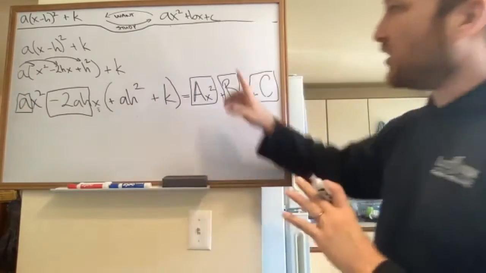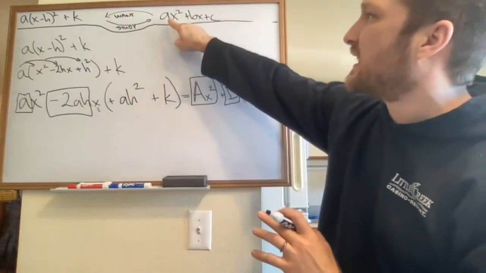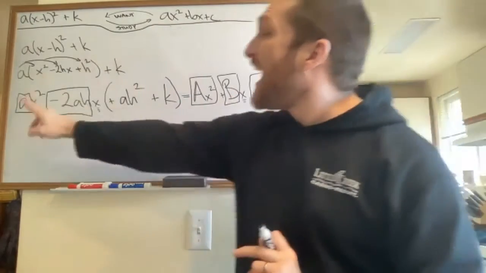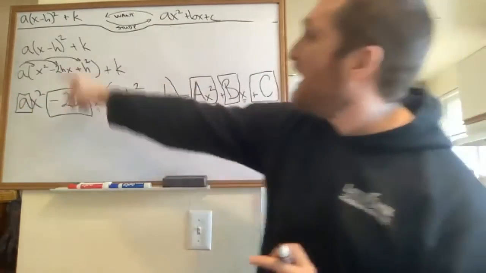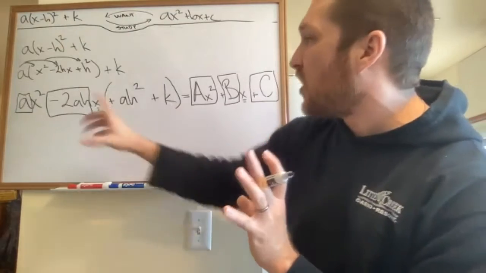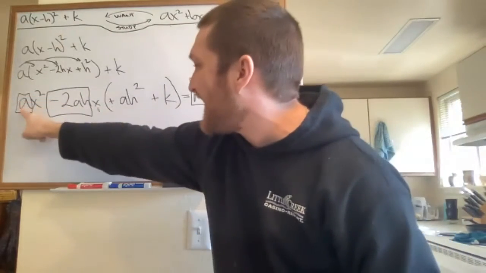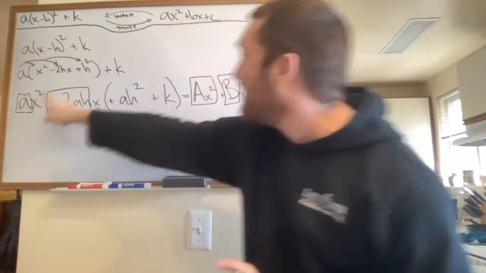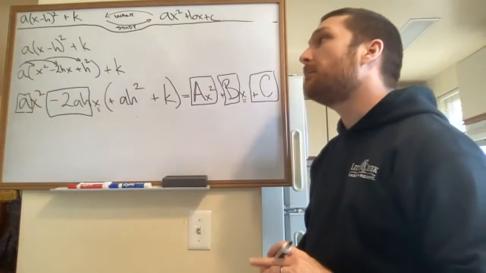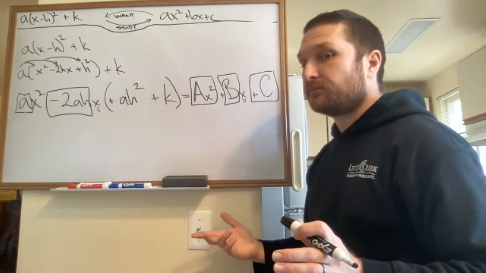Like I said earlier, it's not a coincidence that I wrote that with a lowercase a and that with a lowercase a, because it's going to have to be that way. After multiplying this out, the only thing that comes along with the x squared is that, and so that is going to have to match up with that. They're going to have to be equal. Does that make sense?